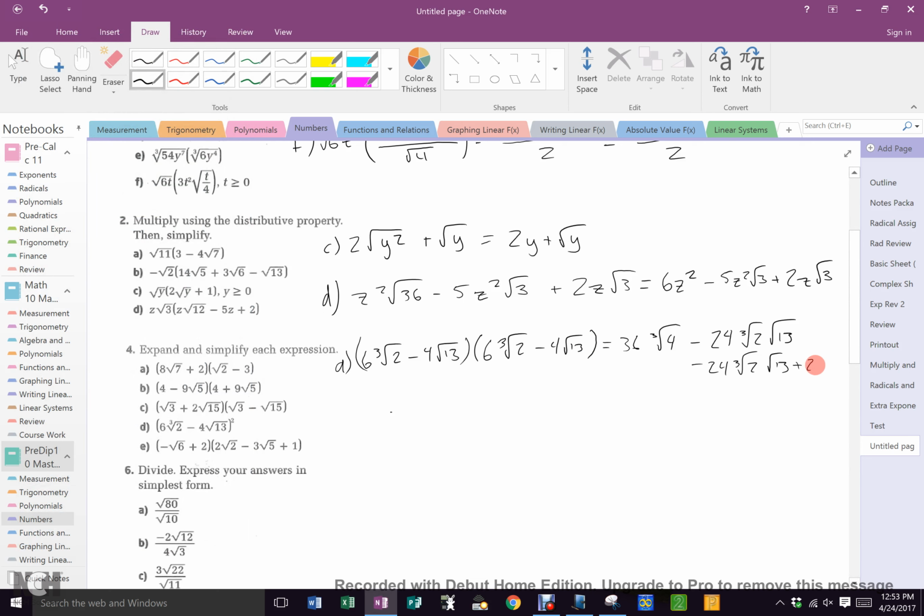So it simplifies to 36 cube root 4 minus 48 cube root 2 root 13 plus 208.